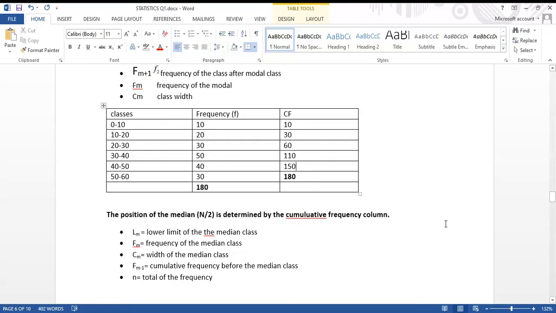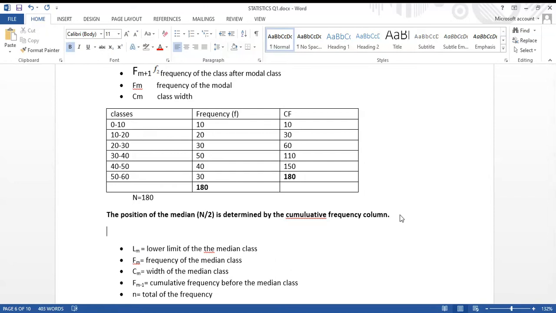Okay. So the first thing, we have to locate the position of the median class. N divided by 2. Our N, which represents total frequency, is 180. So to find our position, 180 divided by 2 gives us 90. The 90th position.